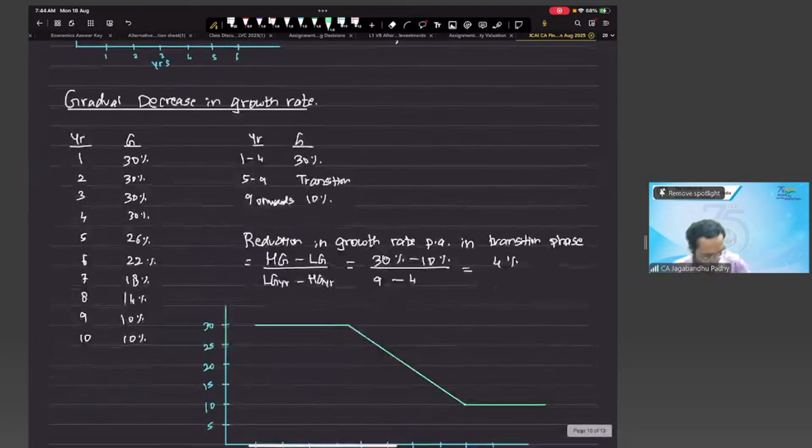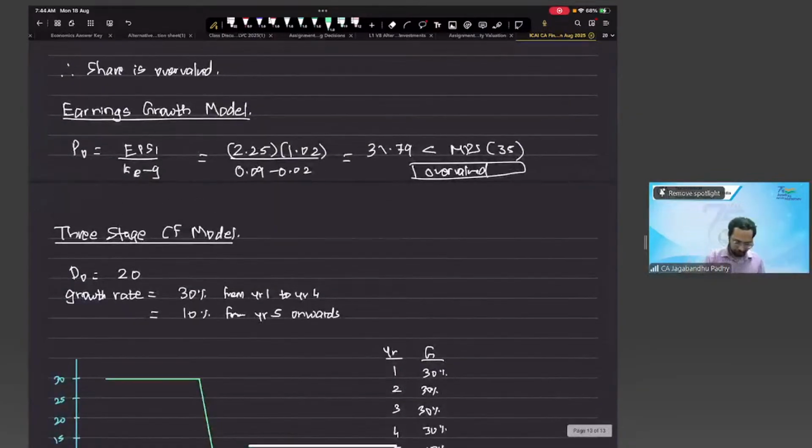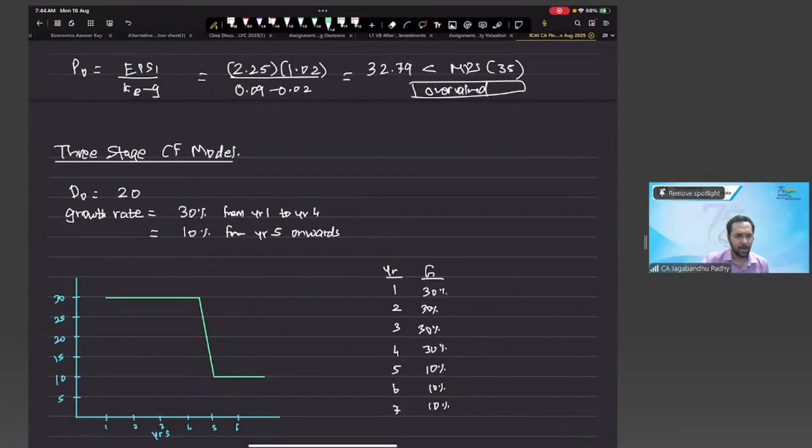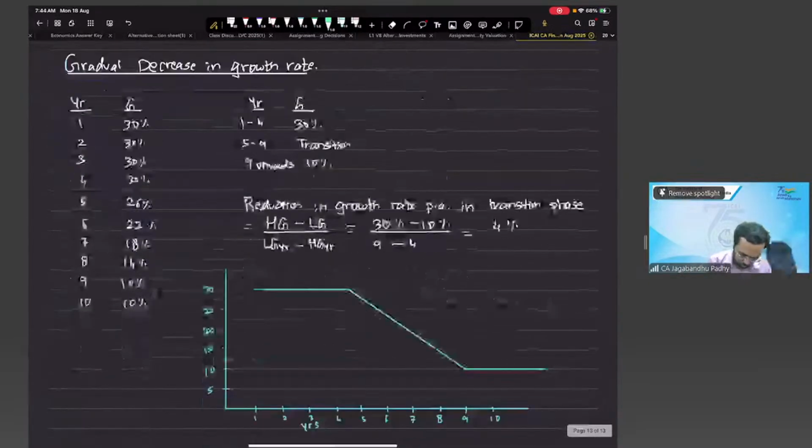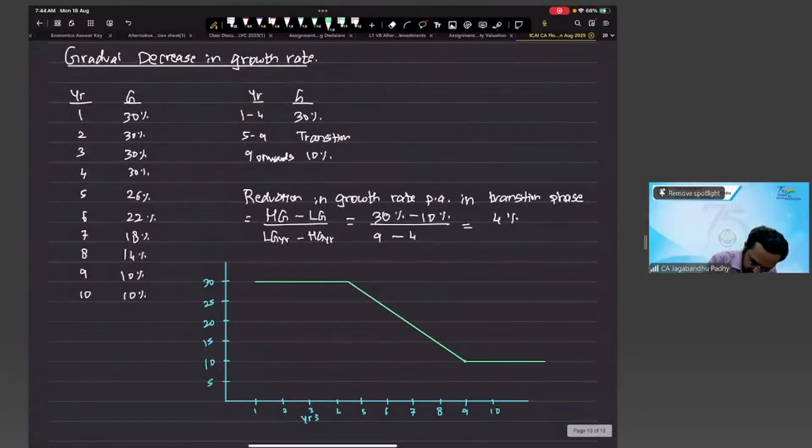Okay. So now with this same example, let's try to value the particular share. We'll take this case where we have the growth rate and the dividend.